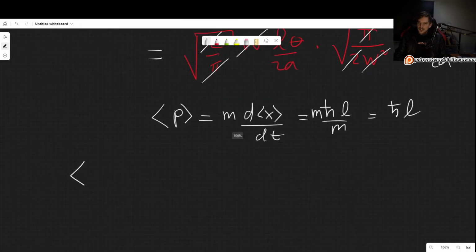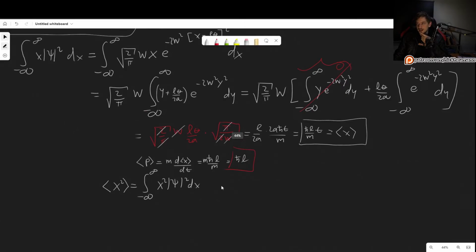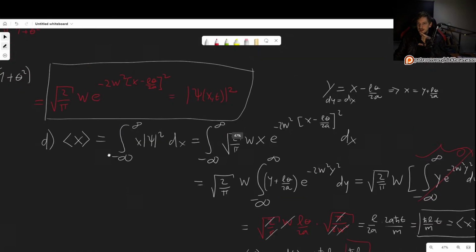Now let's continue. So now the expectation value of x squared, we find it the same way. It's the integral from minus infinity to infinity of x squared times the modulus squared of our wave function. So let's plug it in. The modulus squared of the wave function is this thing right here, which we also wrote down here.